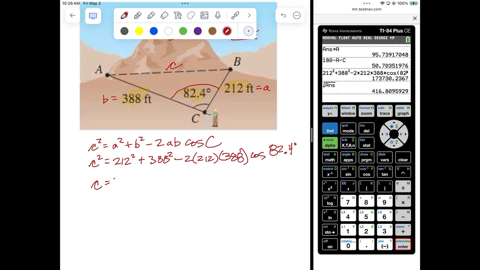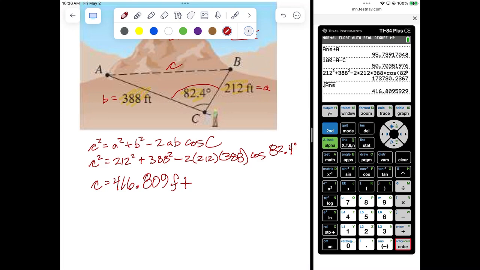And now you get 416.809 or 810, and then we put units, feet. Always put units on your final answer, whether they're degrees, feet, inches, miles, whatever. And we are done. That's all we're going to do today, 1 through 5.